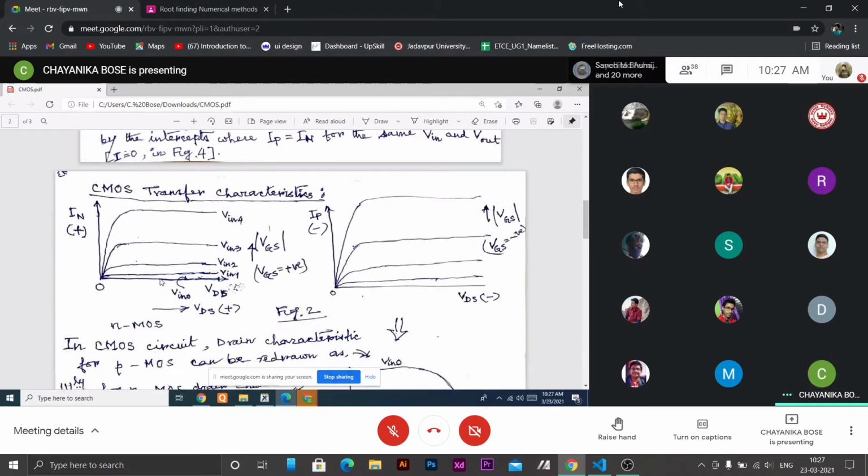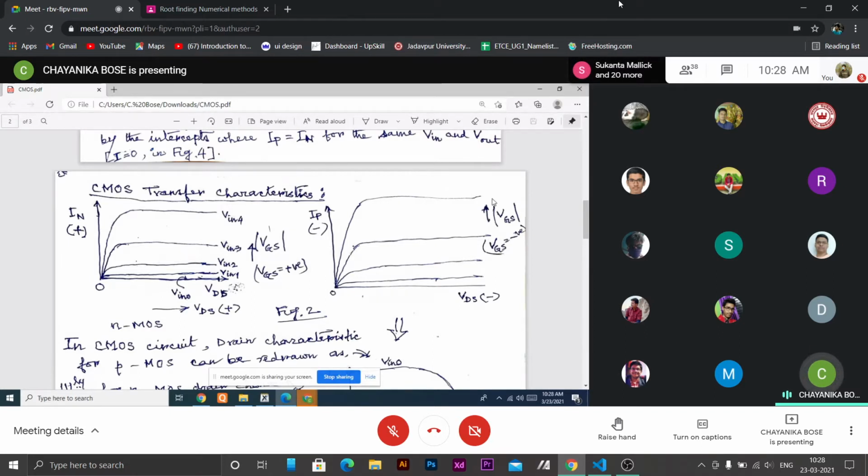For PMOS, VDS is negative, IP is negative, and the same thing happens, and gate voltage is also negative. So it is for VGS amplitude increasing, but it is becoming more and more negative upwards.